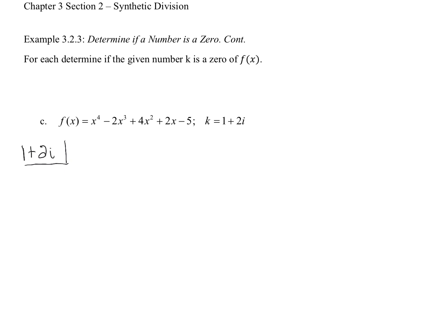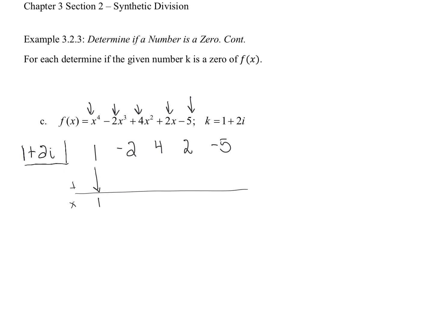I'm going to write my numbers out. 1, negative 2, then a 4, then a 2, and then a negative 5. So we're going to drop down the 1. We're going to multiply below the line.